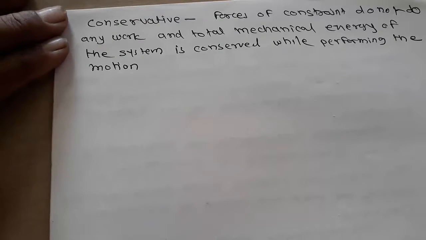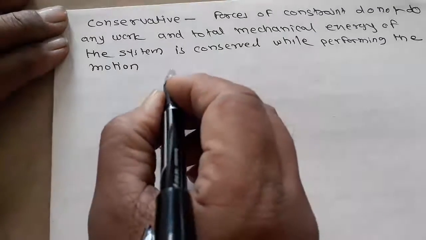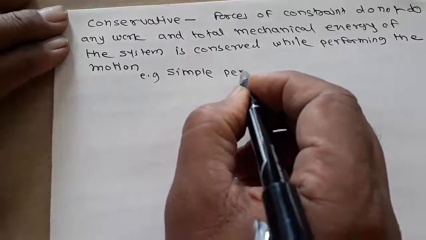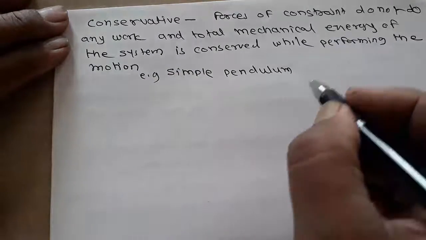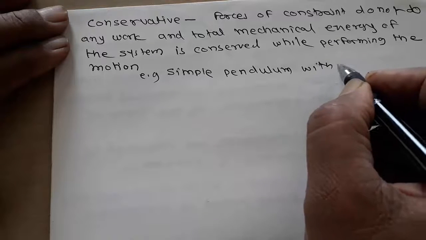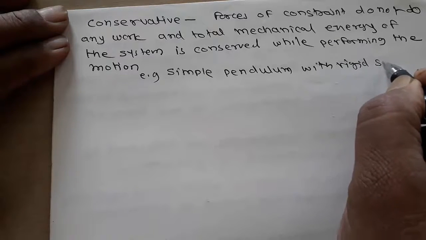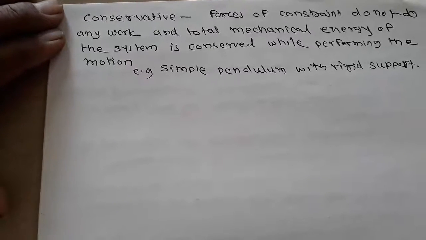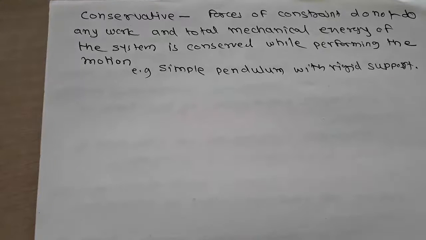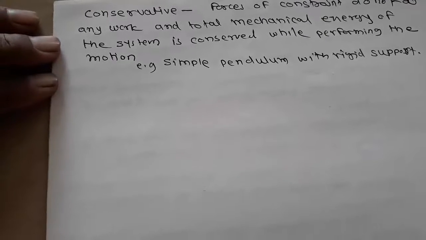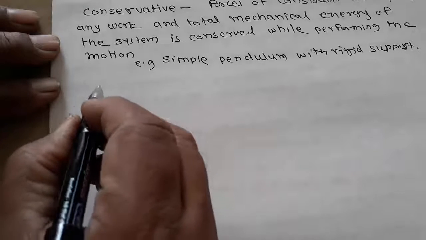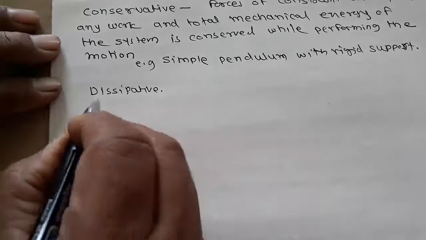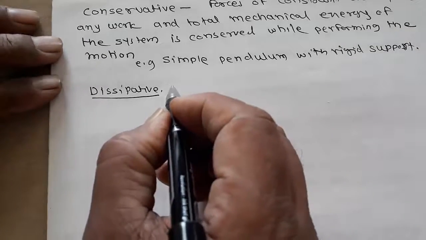An example of conservative constraint is a simple pendulum with rigid support. If the simple pendulum has rigid support, then that type of motion is conservative motion. The second type of constraint is dissipative constraint.